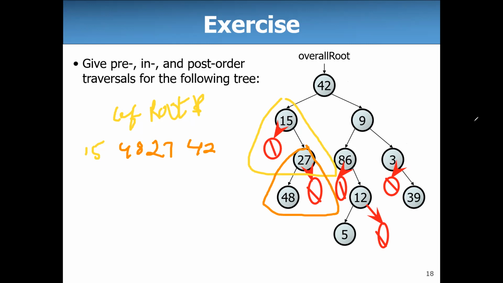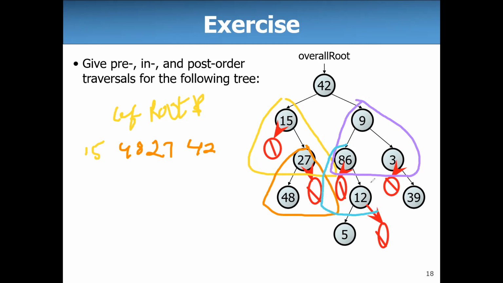After printing 42, it means we have to go right side of that tree. When we go right side of this tree, we see another subtree, 9. The rule is left, root, and right. Does 9 have left? Yes, 9 has left. So it means we will go left. This 86 is holding another subtree.